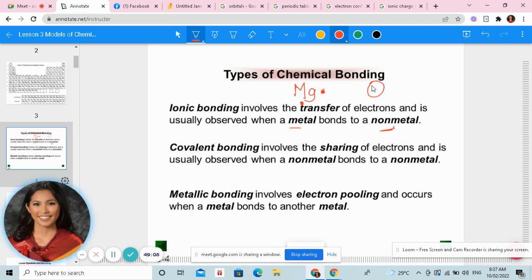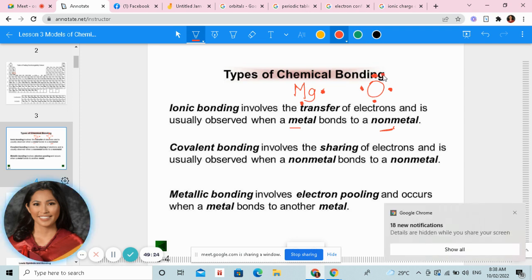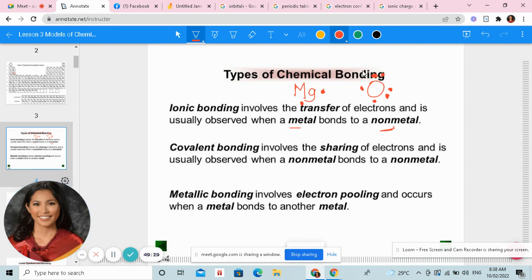Now oxygen has how many valence electrons? Six, ma'am. So we write 1, 2, 3, 4. Okay, once you have filled every each side, mubalik ka 5 and 6. Now we have 6 valence electrons, and then we have Mg.